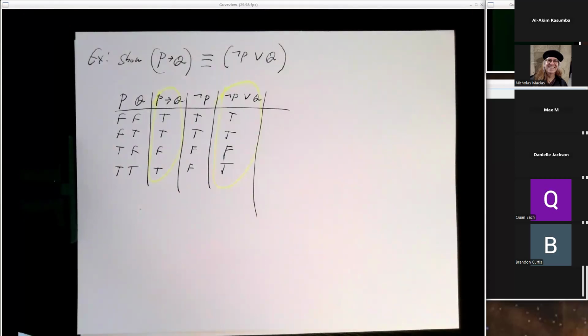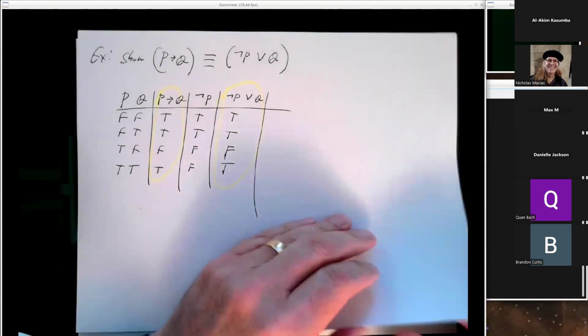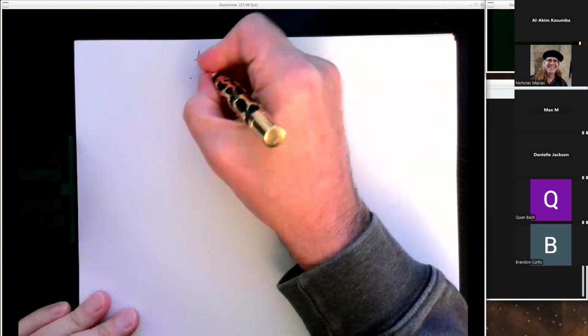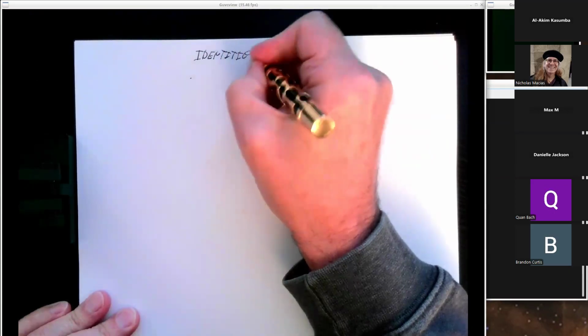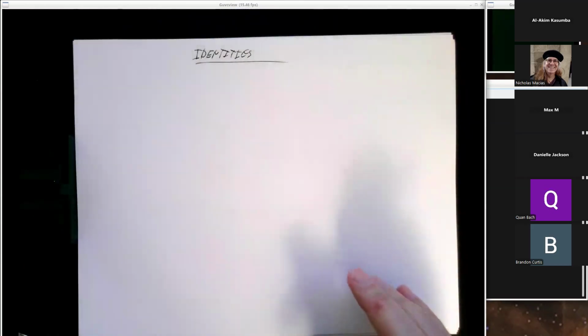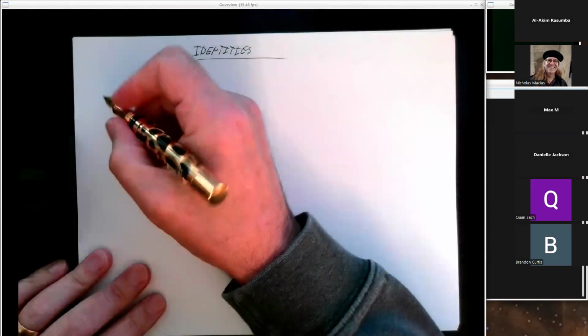All right, I'm back. So let's look at some other identities, some other equivalences between propositions. So again, we're just going to assume P and Q are propositions throughout all of this.